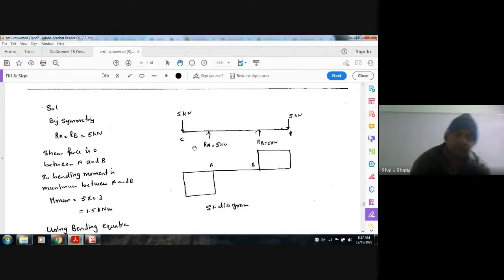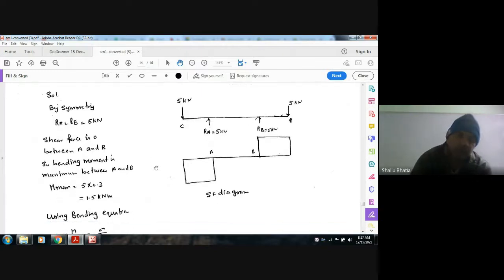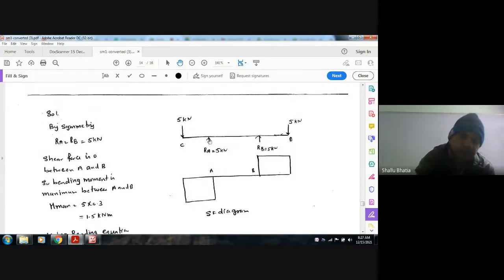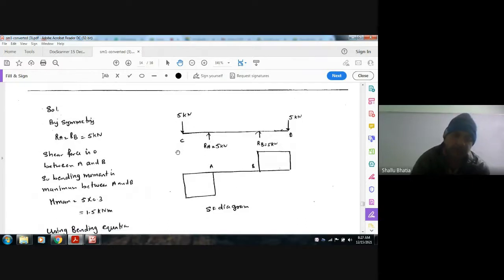If we draw the shear force diagram, then it is 5 down and 5 up, and then 5 up and 5 down. So there will be no shear force between A and B. As shear force is zero between A and B, the bending moment will be maximum. So M max is 5 into 0.3, that is 1.5 kilonewton meter.